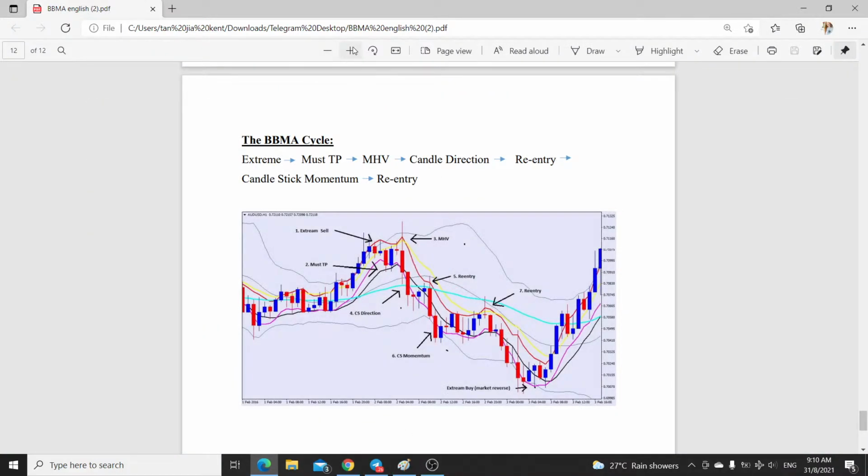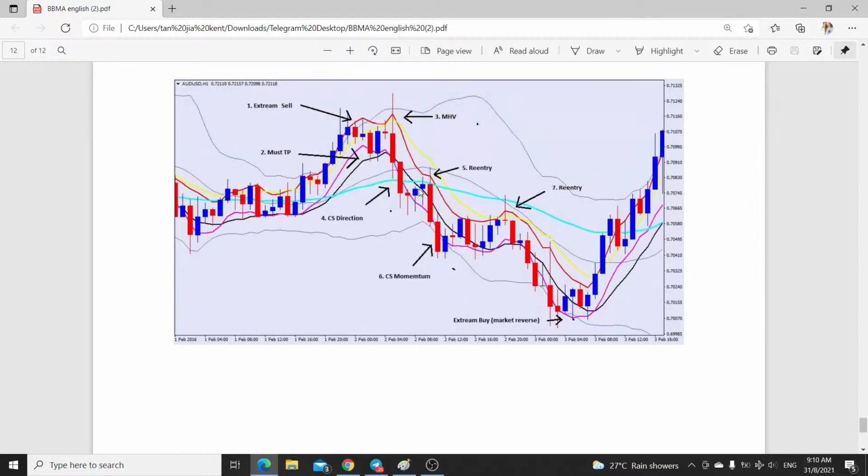So you see here, right, this one price did break a bit, but this one is very clear, like price breaks the high and low here. You see the black color and the pink color here, the candlestick, the moving average. So this is your candlestick direction.